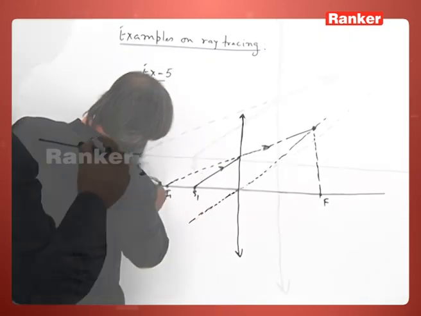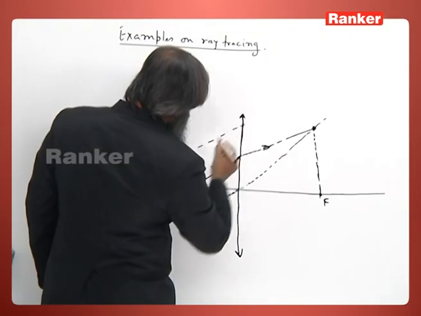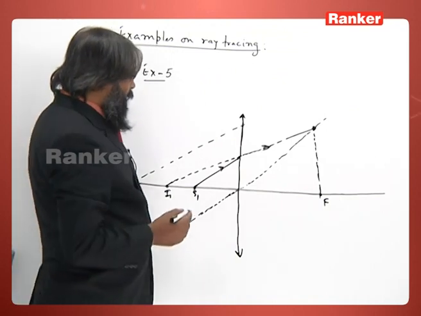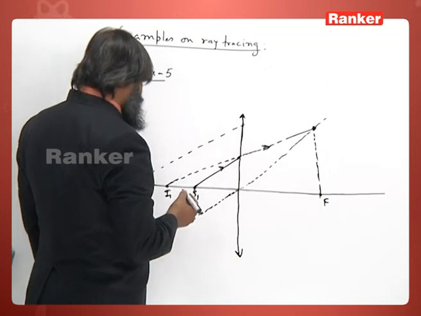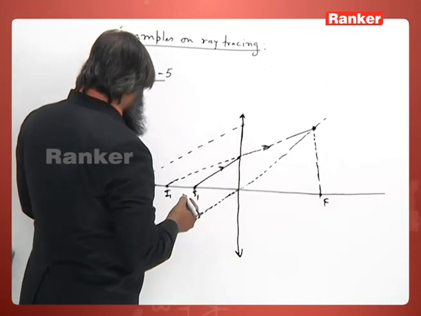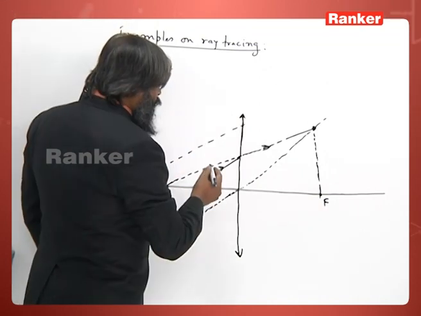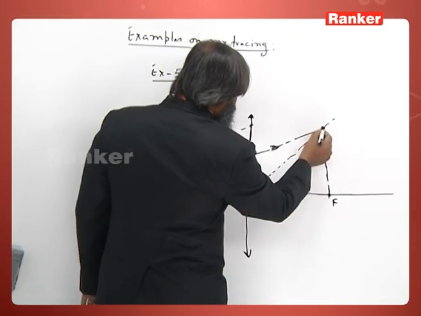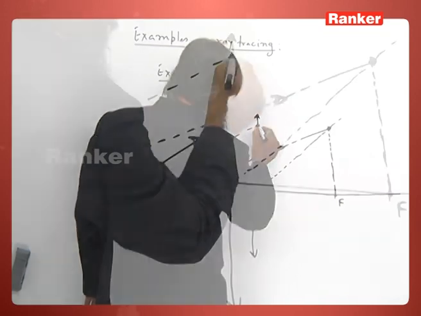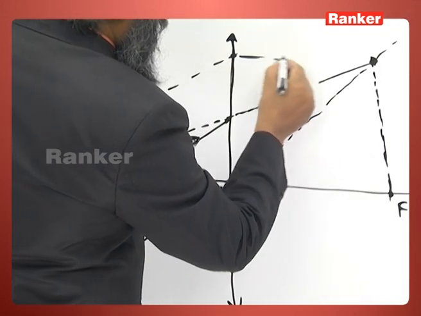So this line will be something like this. Now this line goes undeviated, and this ray has to meet at the focal plane. So again I have to join these 2 points.